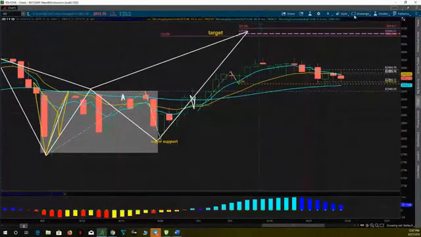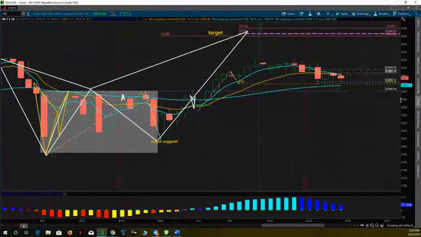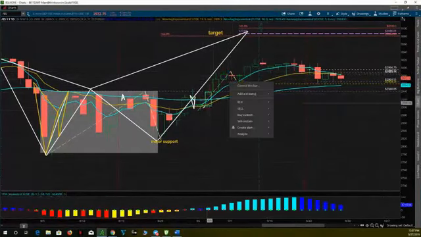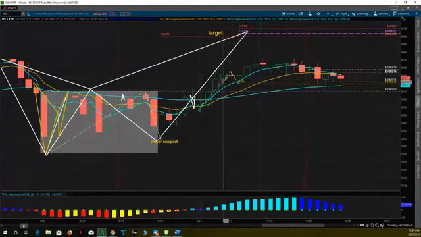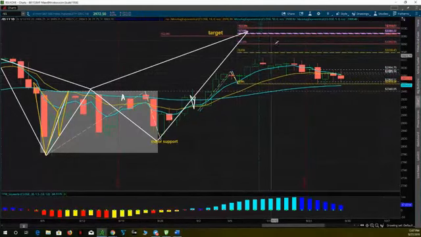Let me just draw it out and I'll show you. So from right there to here, here to here, down to here. And these are my projections.